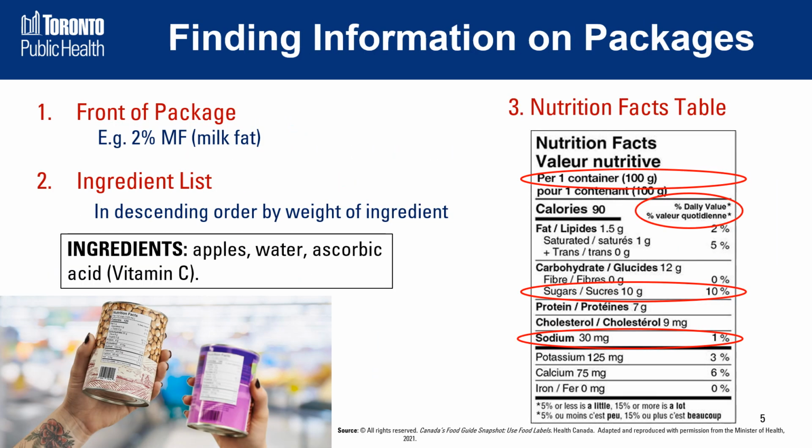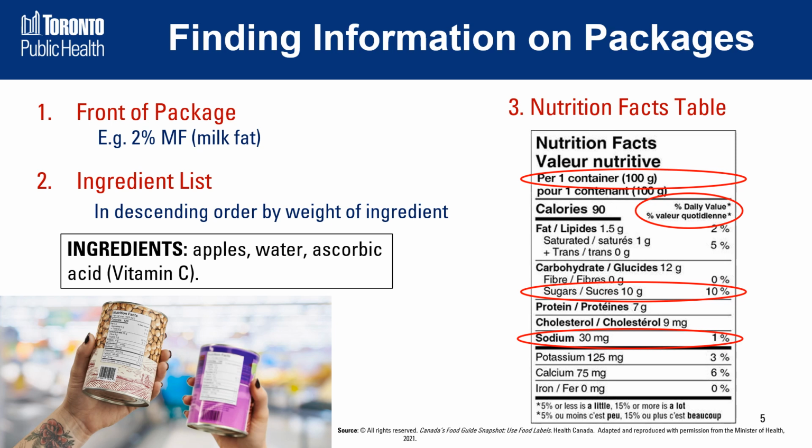In order to easily select packaged foods to include in your student nutrition program menu, it is important to understand how to read the nutrition label included in the food packaging. There are 3 areas to find important nutrition information.